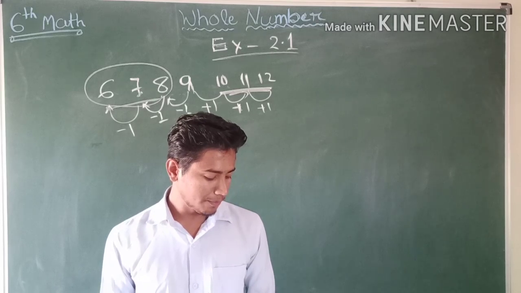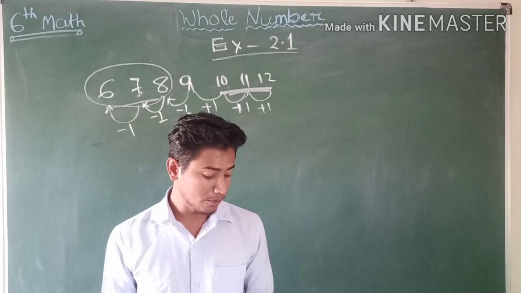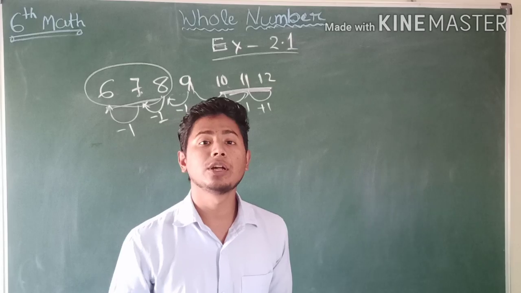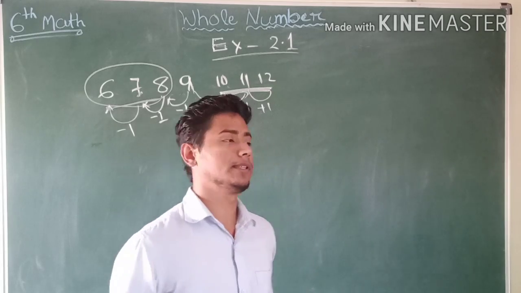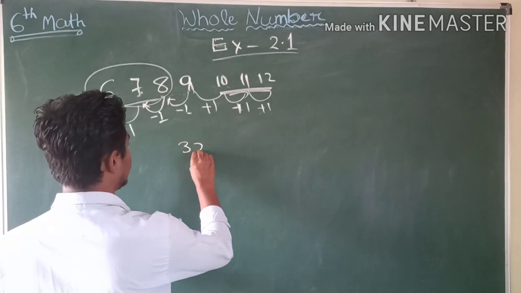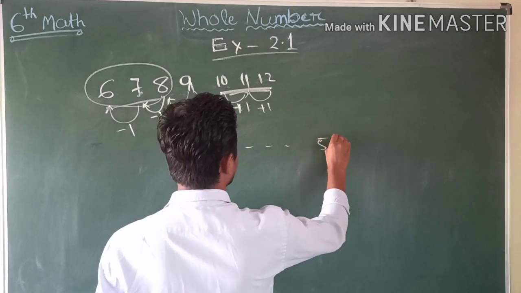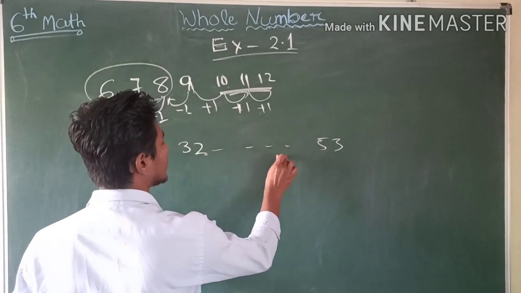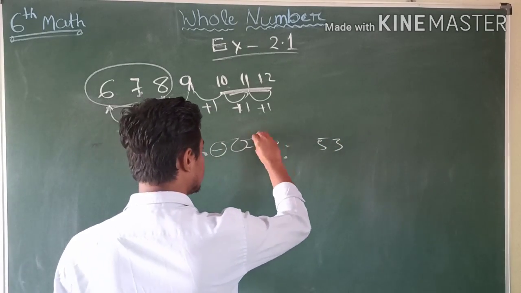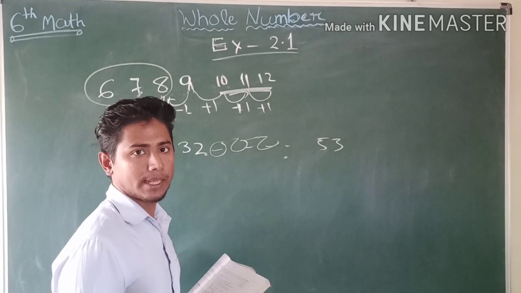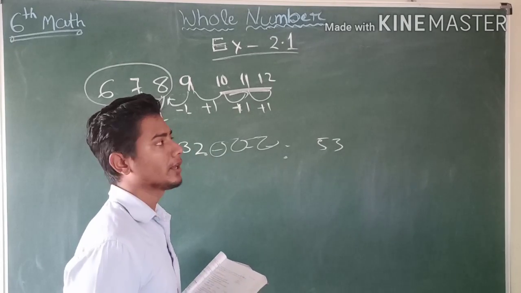How many whole numbers are there between 32 and 53? So from 32 to 53, how many whole numbers are there? You can write them and count, but this is a very poor method. How can you find it?